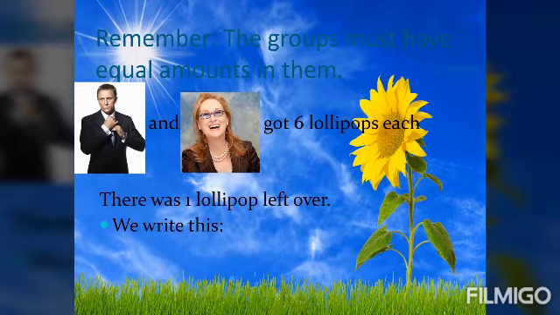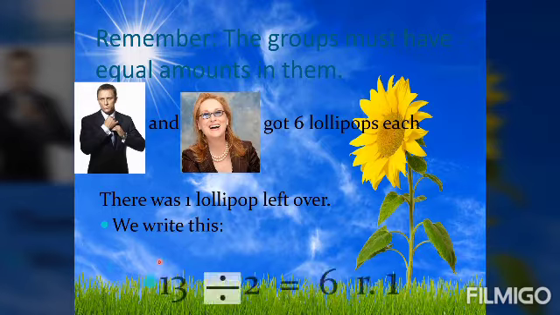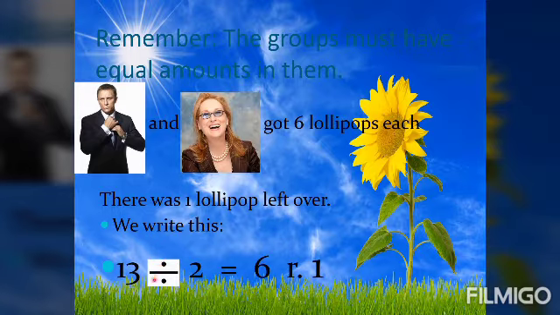There was one lollipop left over. So we write this as 13 divided by 2 equals 6, remainder 1. So again, the answer is 6 remainder 1 because 1 is the extra or leftover.